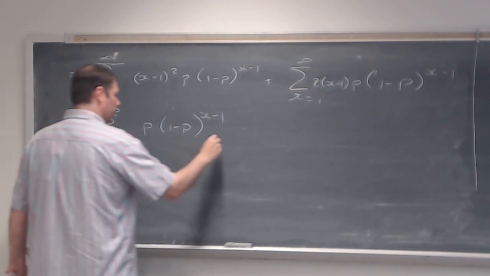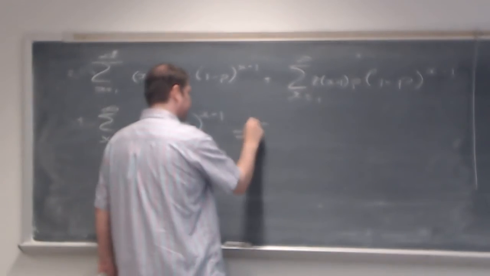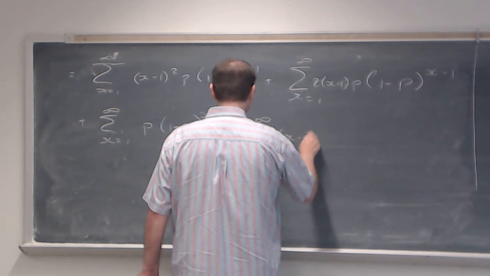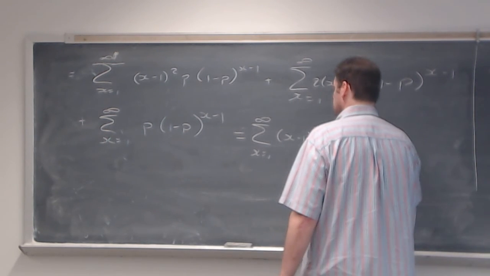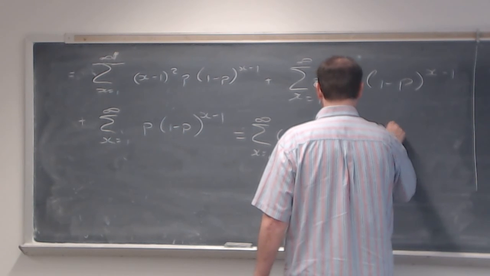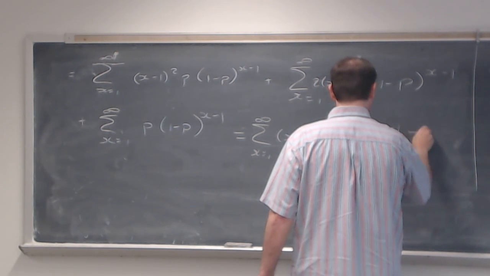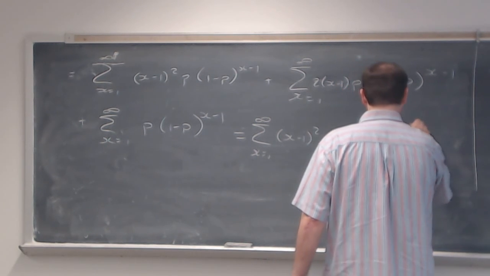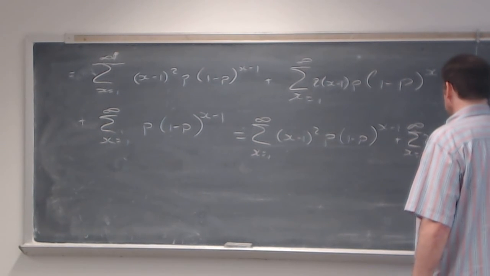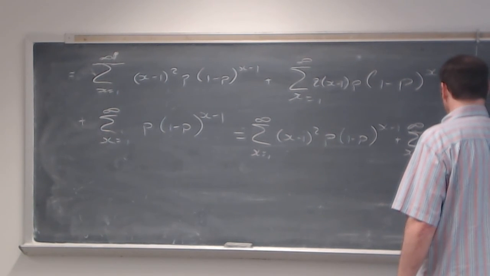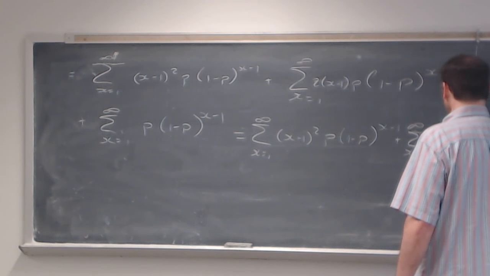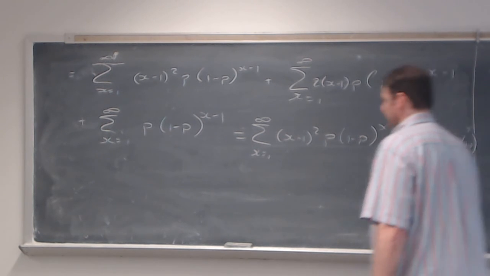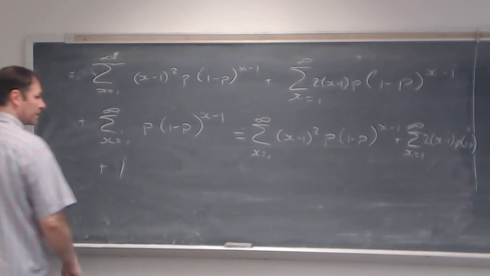We've shown this is equal to 1. So this is the first sum plus the second sum, 2 times x minus 1 times p times 1 minus p to the x minus 1, and then plus 1.